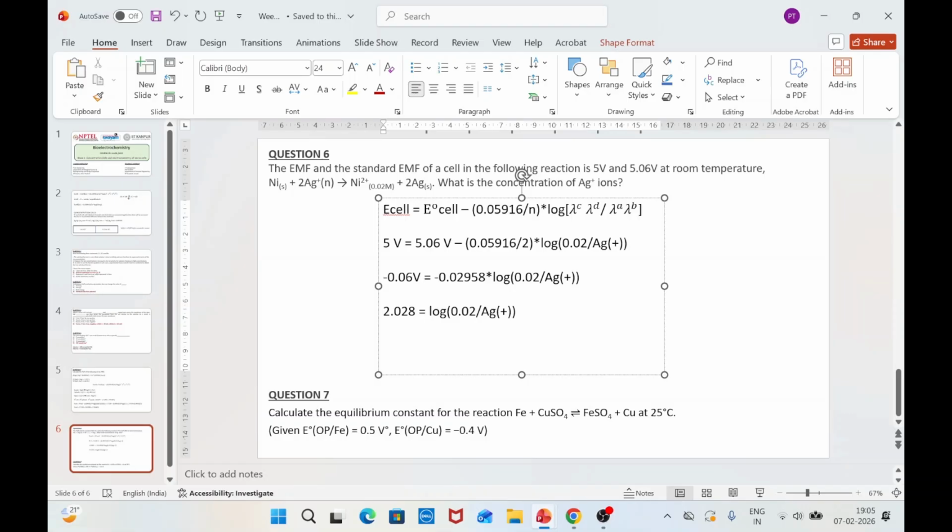This is log base 10, so if you take it to the other side, it will be 10 to the power 2.028. That is nothing but 106.757 by 0.02, or it should be this way.